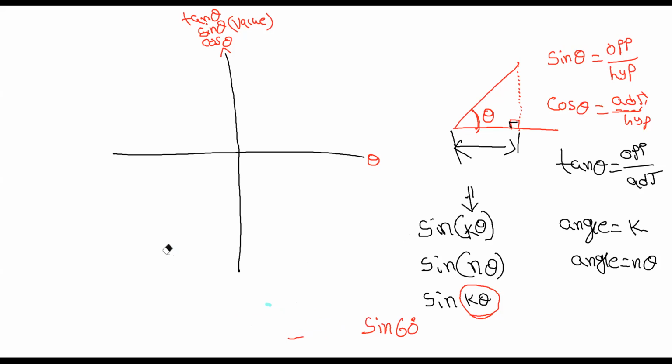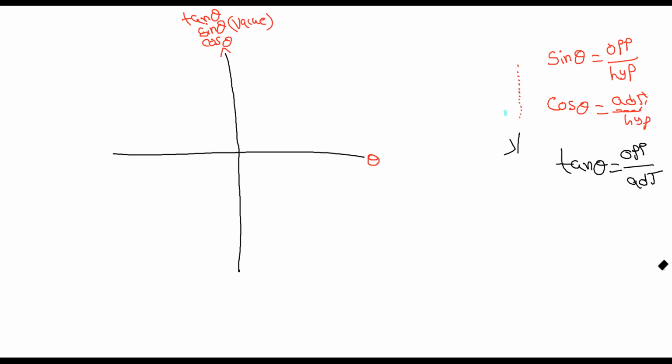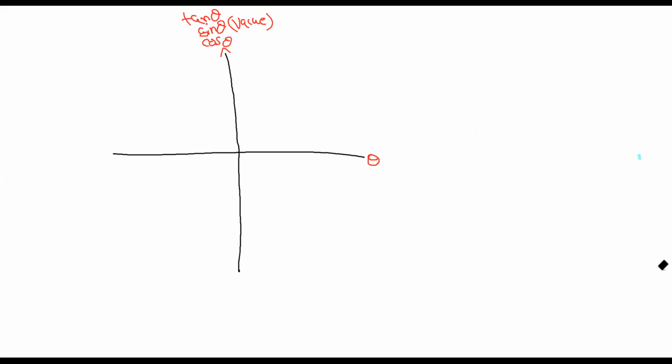Now we will come to the angle types. Here this is positive x, positive y, this is minus x, this is minus y, correct? Here the positive x-axis is the 0-degree line.